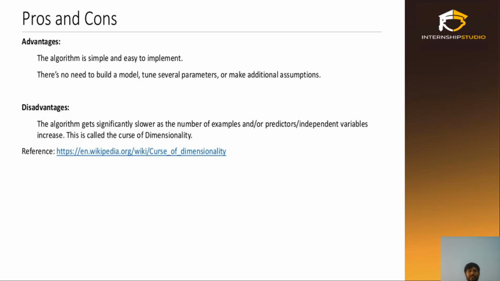There is something called the curse of dimensionality, where as the dimensions keep on increasing, the distance calculations and the nearest neighbor concept, the computational complexity, increase significantly. That leads to the curse of dimensionality issue, and the KNN algorithm cannot work in that particular case in higher dimensions. So that is the disadvantage of KNN.